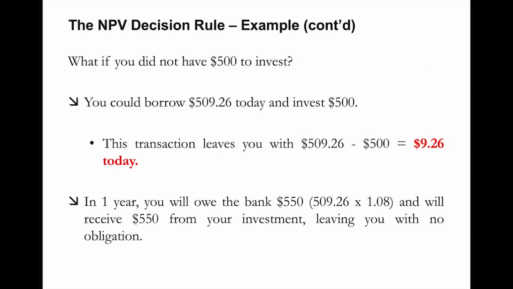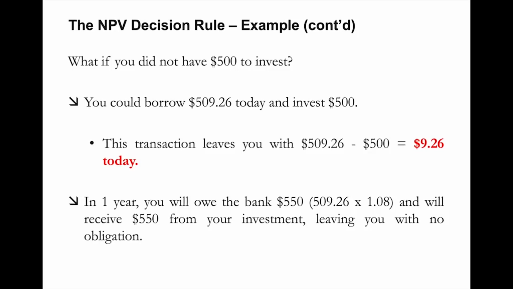But what if you don't have $500 to invest? What do you do? Well, you can borrow $509.26 today, and you can make the investment that cost you $500. So today this transaction will leave you with $9.26.